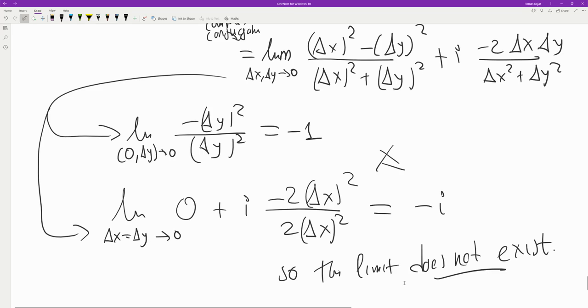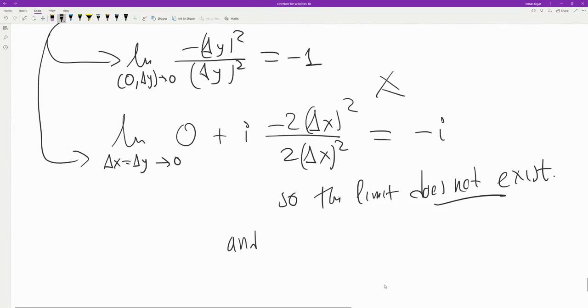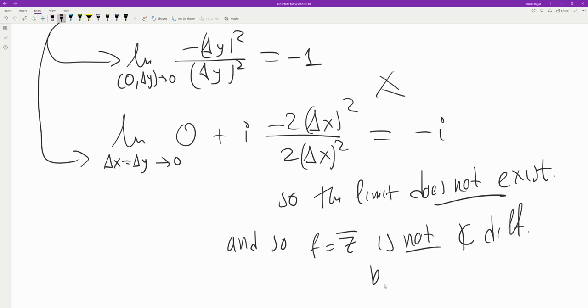And so z bar is not C differentiable, but it is R2 differentiable. So C differentiable is a lot more restrictive, and this is an example.